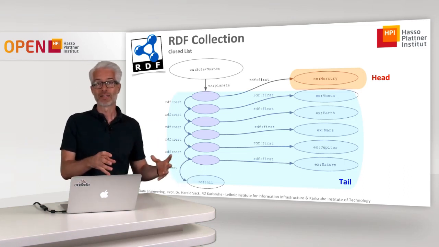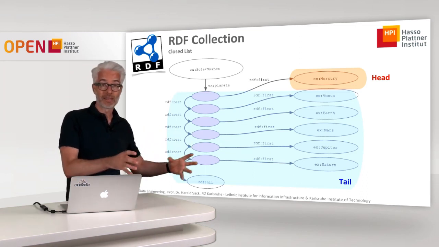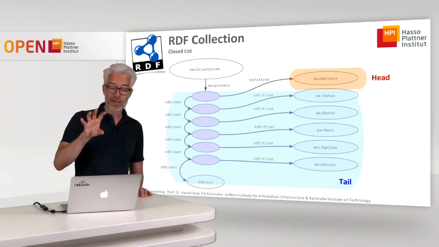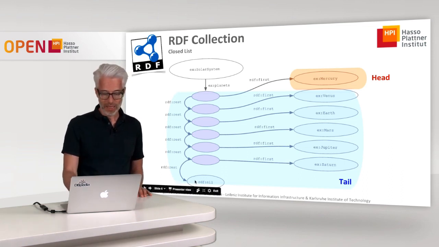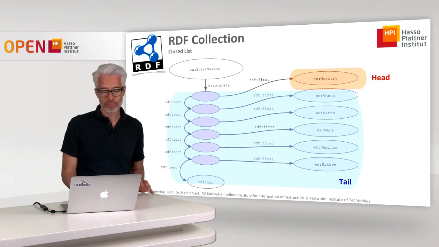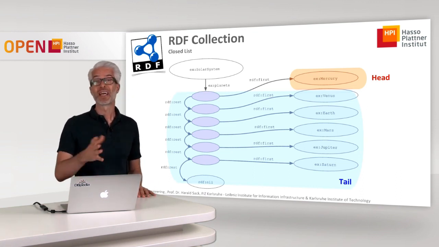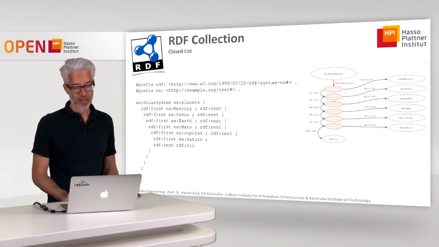And the tail again consists of a head and a tail, and so on and so on. The last element to close the list is the null element. This is rdf:nil, below there. This closes the list in the end. As I told you, for legacy reasons and to define something which cannot be further extended, it's a closed list.